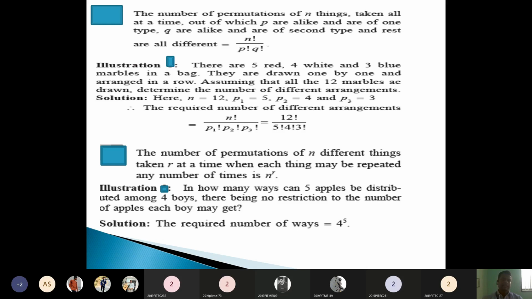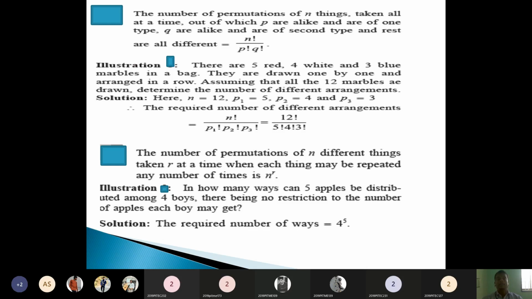Let's see an example problem. There are 5 red, 4 white, and 3 blue marbles in a bag. Marbles are like balls. They are drawn one by one and arranged in a row.